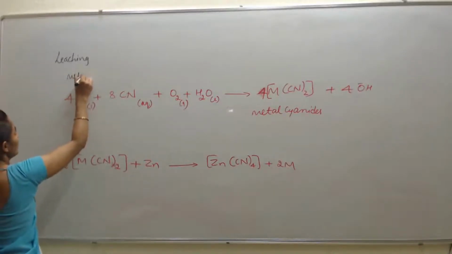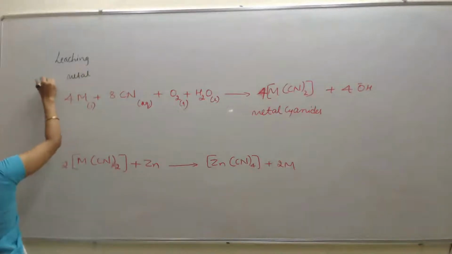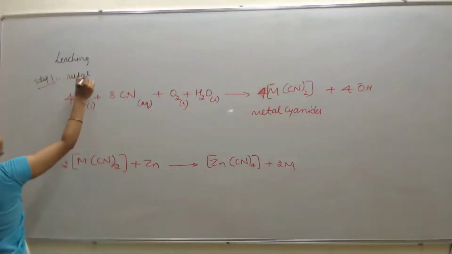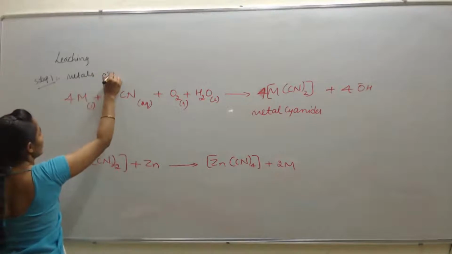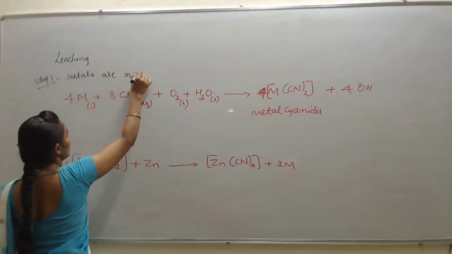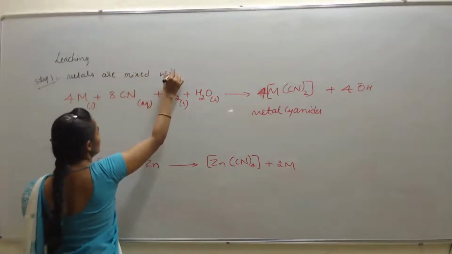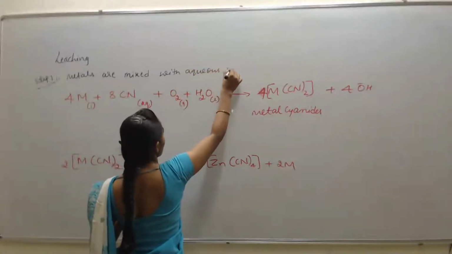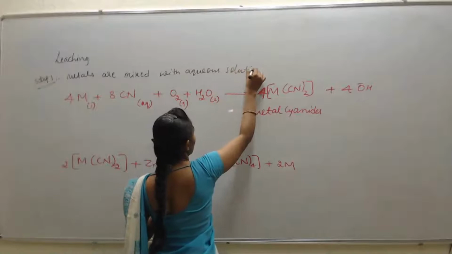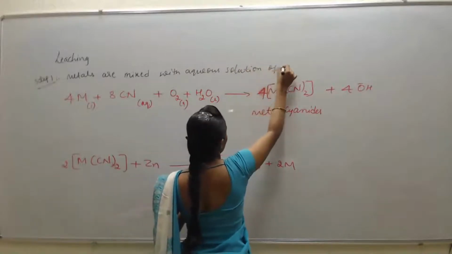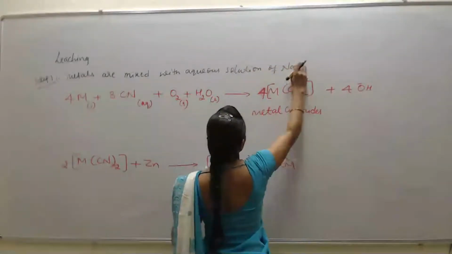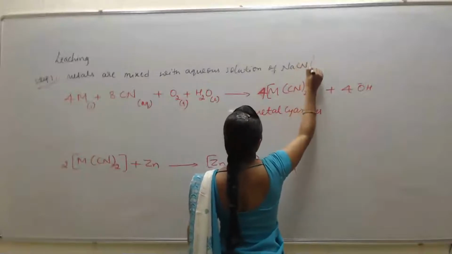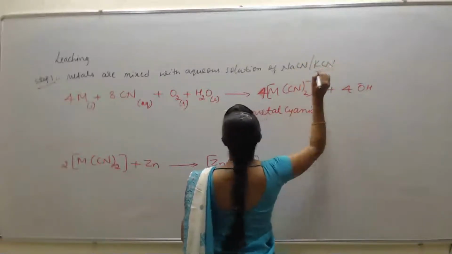So this is the first step. Step 1: metals are mixed with aqueous solution of NaCN or KCN.